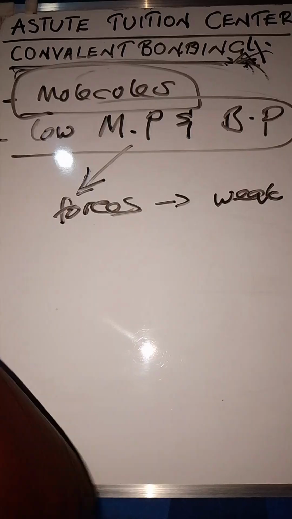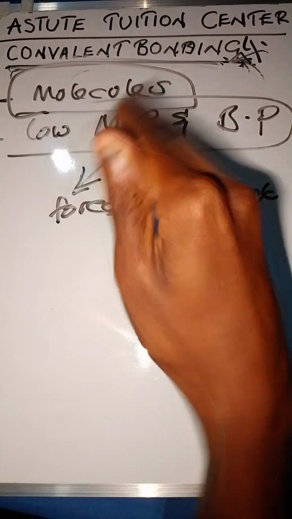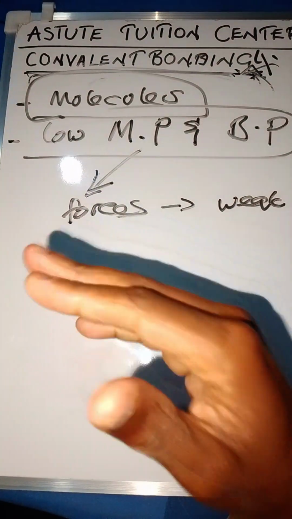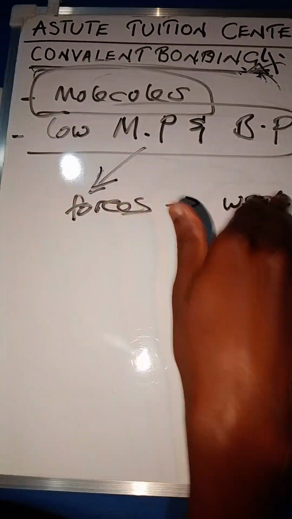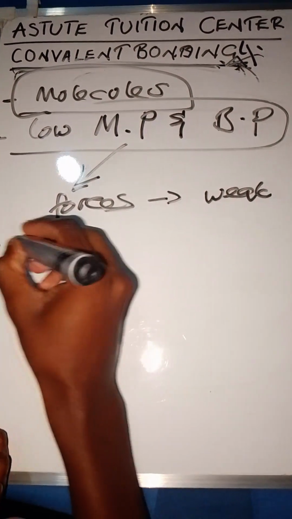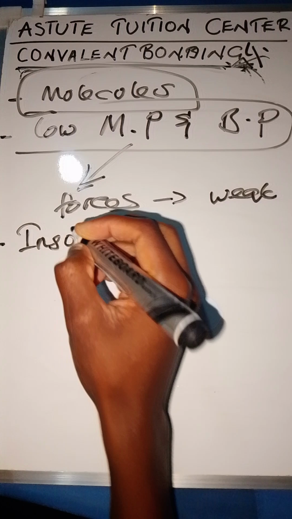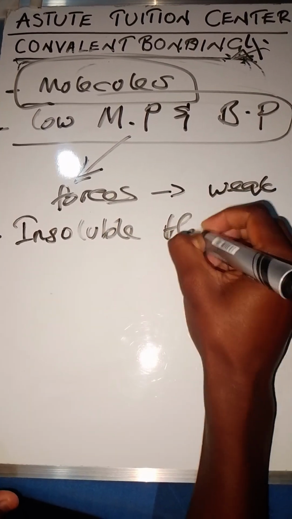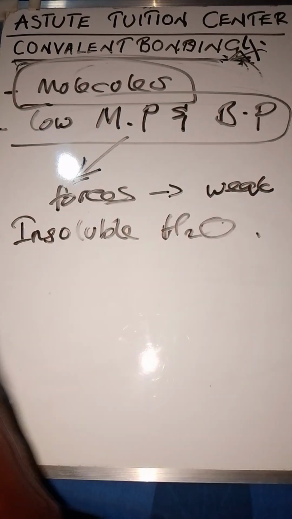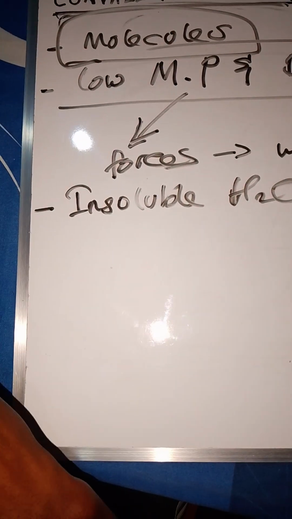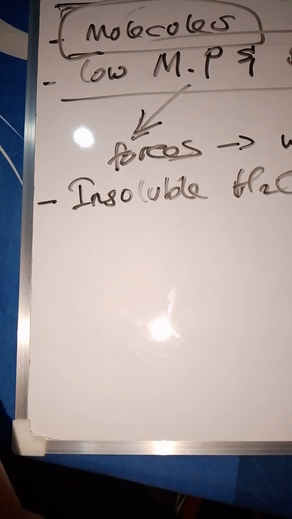You can be asked to state a reason: because the intermolecular forces holding the bonds together are weak. And then they are insoluble in water, H2O. When you put them in water, they can't dissolve, because they can't be polarized by water.